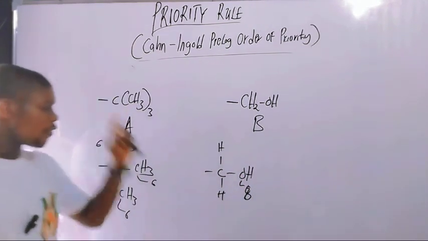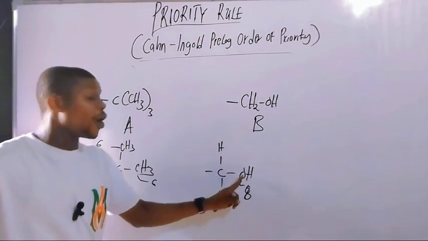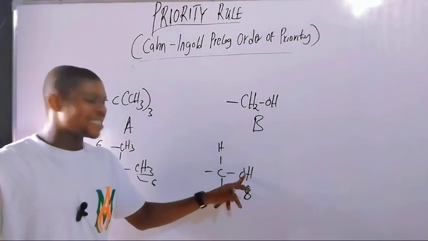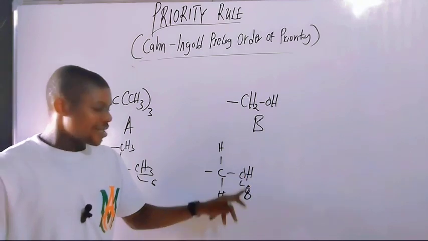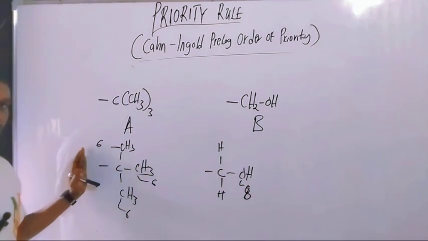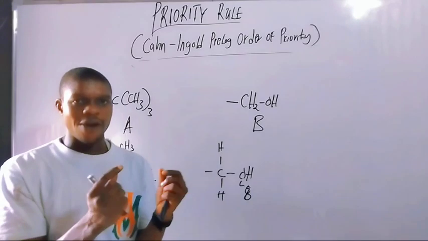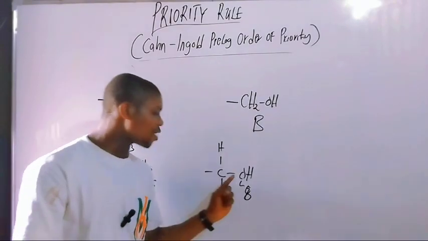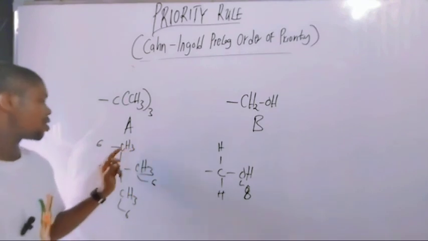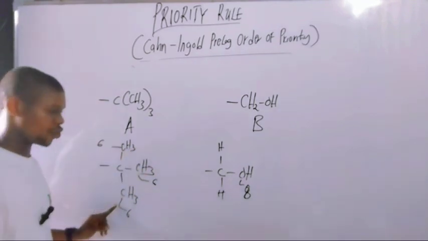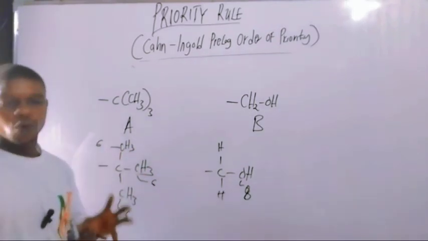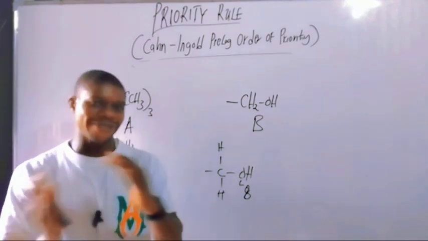Because this carbon atom carries a group that has oxygen, this guy will attract from one. So never evaluate substituents as a group. Always evaluate one by one, because oxygen is far greater than carbon and carbon. Do you understand? So you don't group them. You take them one after the other.